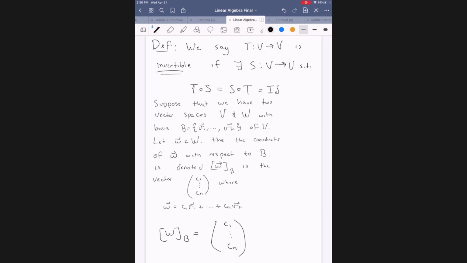The next section would be transition matrices. That one's going to be a little harder because you're going to have your first commutative diagram there. After that, that should finish what I want to talk about for linear transformations, and then we go to eigenvalues and eigenvectors.